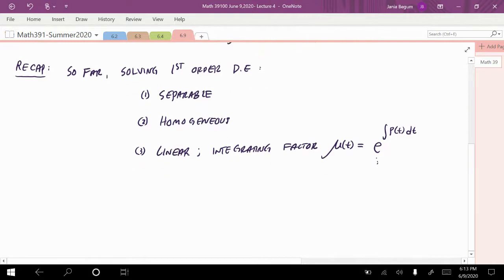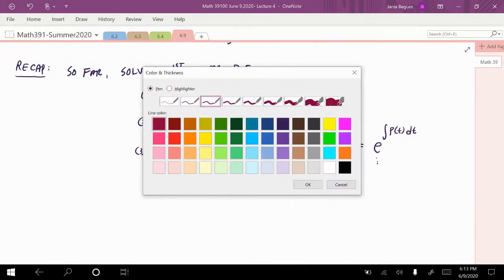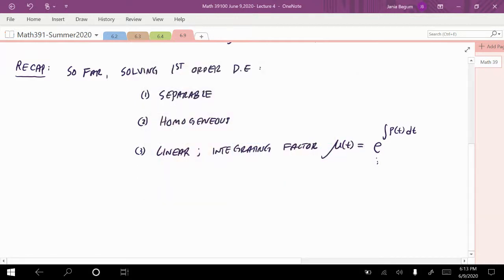Okay, so continuing to 2.6. Any questions so far? Okay, I'm assuming that's a no. Again, please let me know if you have any questions. So in 2.6, we're going to study exact differential equations.